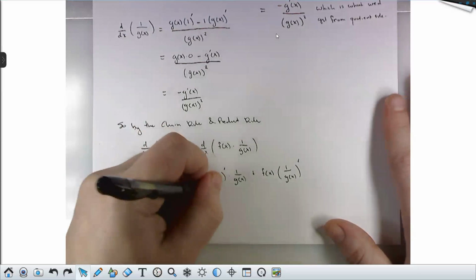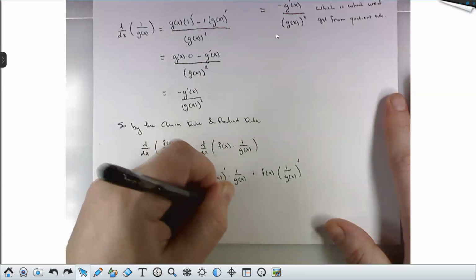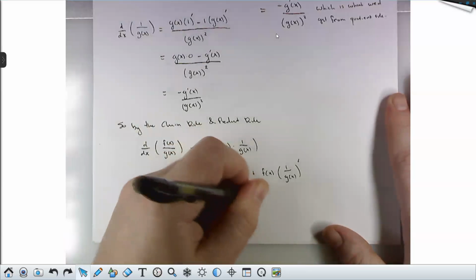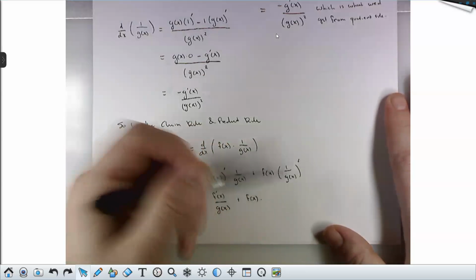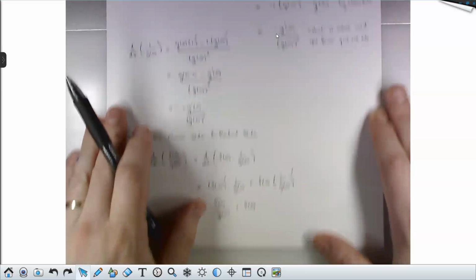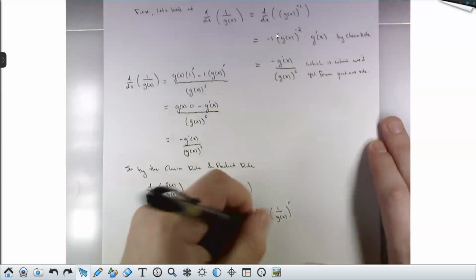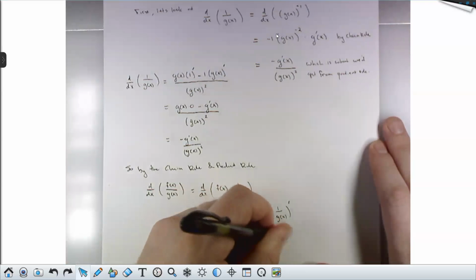So that's f prime of x over g of x plus f of x times the derivative of 1 over g. We just calculated that using the chain rule up here, right? This is negative g prime over g of x squared.